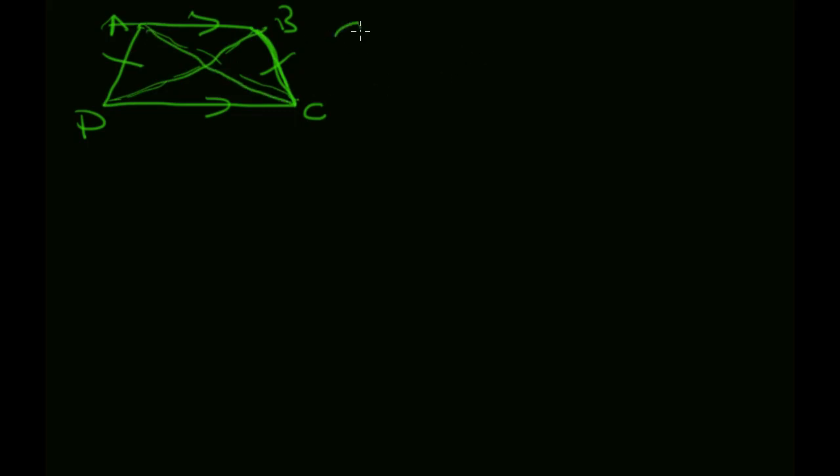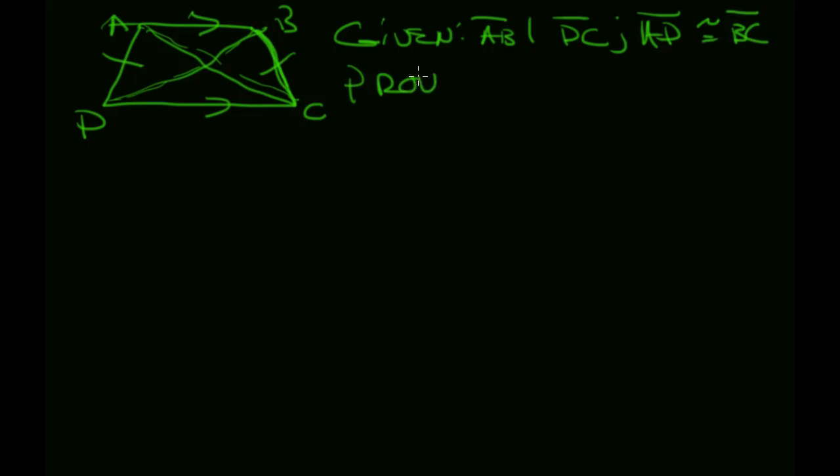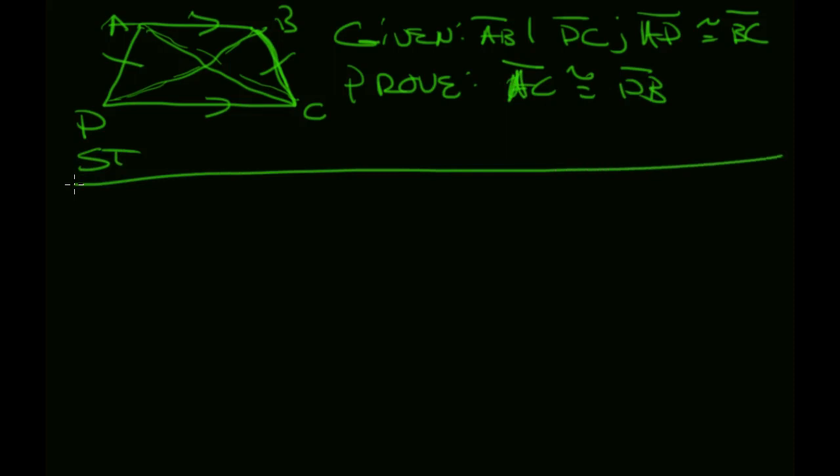Our argument here is that, given AB is parallel to DC and AD is congruent to BC, we're going to be able to prove that the two diagonals, AC and DB, are in fact the same length, that they're congruent. Alright, so let's see if we can prove that.